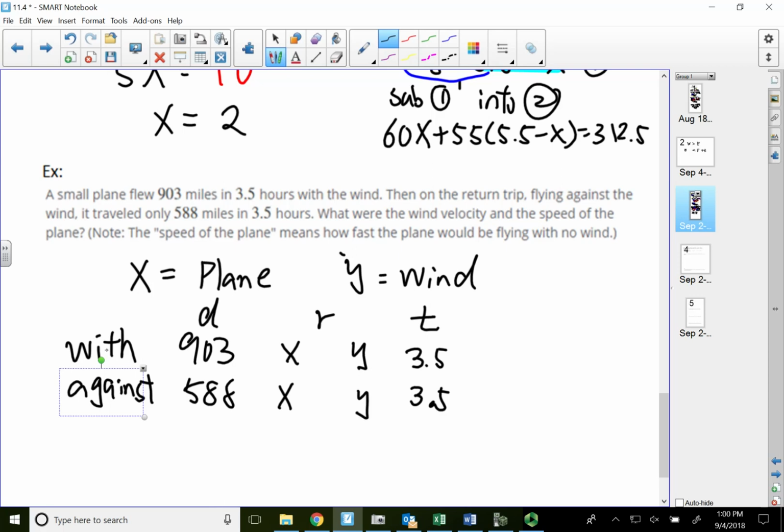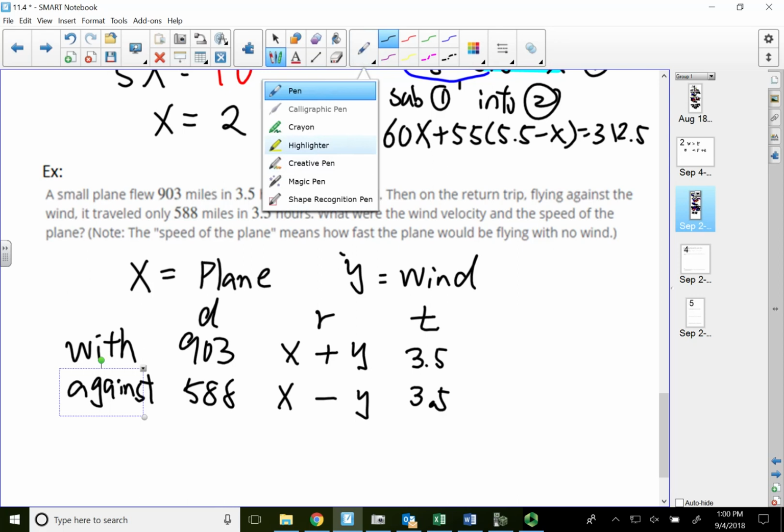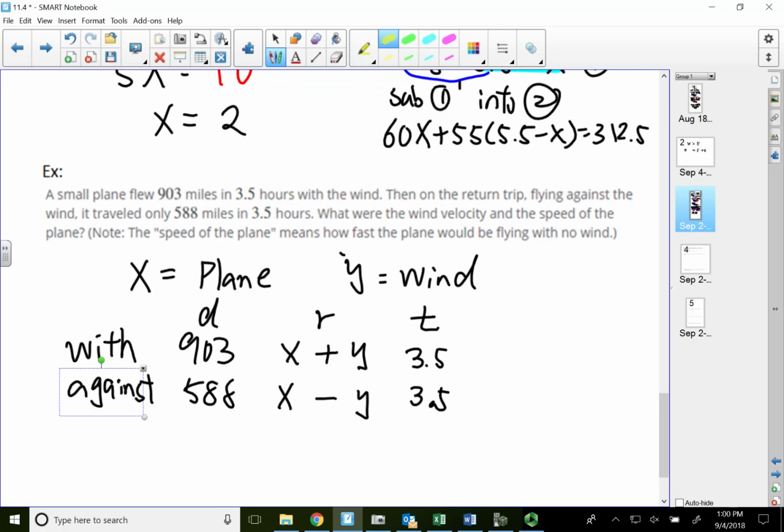Flying with the wind, like Gone with the Wind, speed is faster, so that will be plus. Against the wind, the airplane goes slower, so that will be subtraction. There you go. So this table is basically your equation. One right there, the other one right there.